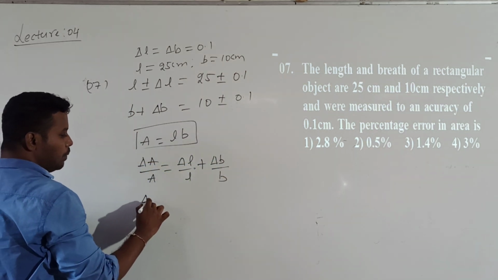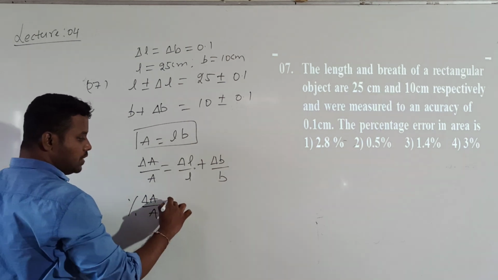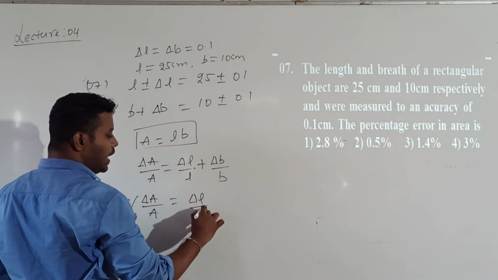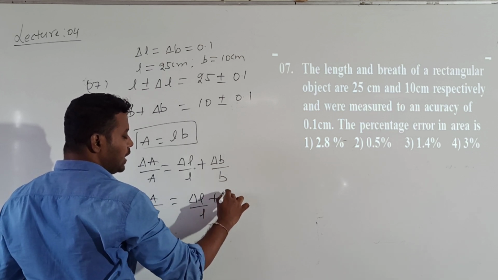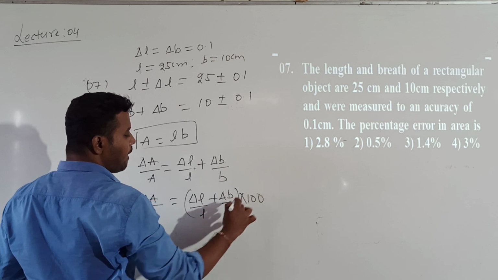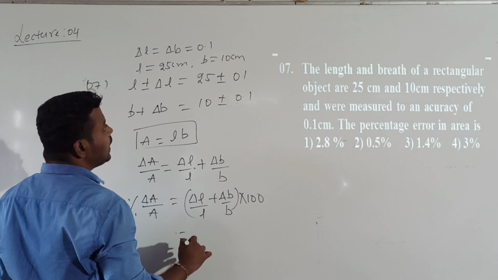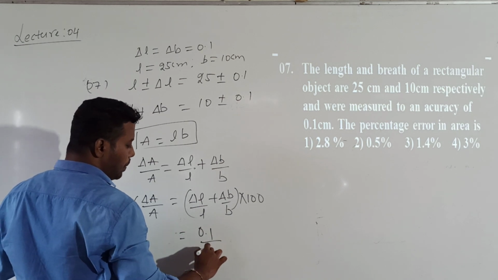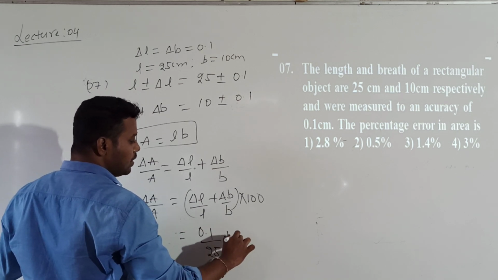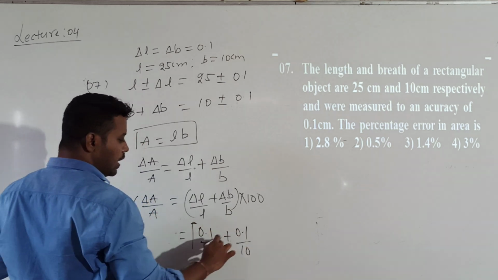Then the percentage of delta A by A is equal to delta L by L plus delta B by B, into 100. Correct? So it is 0.1 by 25 plus 0.1 by 10, into 100.